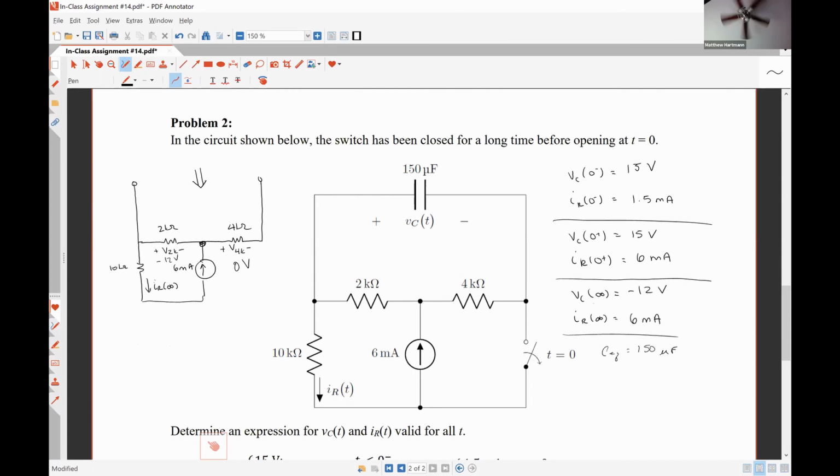So I've taken the capacitor out and I'm looking in during the transient condition, which means this switch is open. And I also need to be looking at a dead network. So how do I turn off my current source? Open circuit. Exactly right.